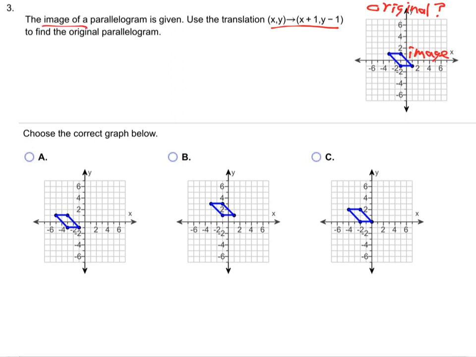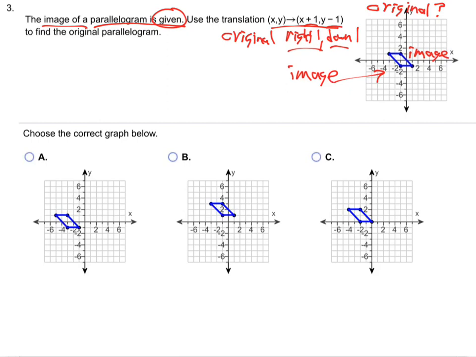They're saying the image is given. So that's the image. And this is right 1, down 1, isn't it? Right 1, down 1. That's what they did. So they took the original, they went right 1, down 1, and then that gave them the image, which we're seeing right there. So then we got to work that backwards.